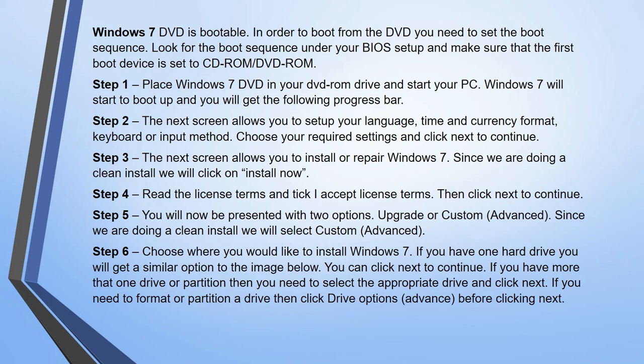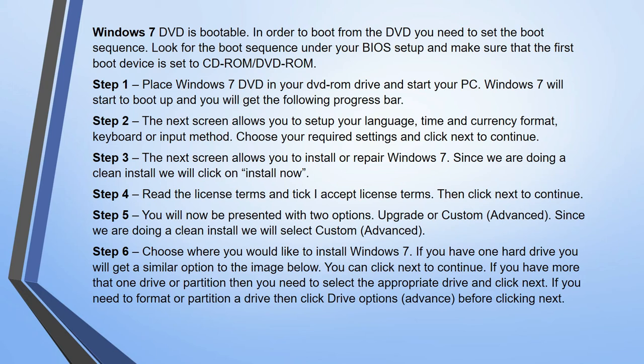Then click Next to continue. You will now be presented with two options, upgrade or custom (advanced). Since we are doing a clean install, we will select custom (advanced). And step 6 is to choose where you would like to install the Windows 7 OS.